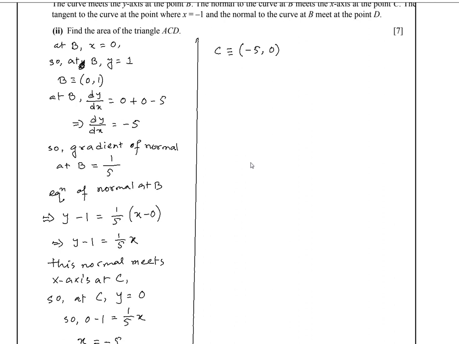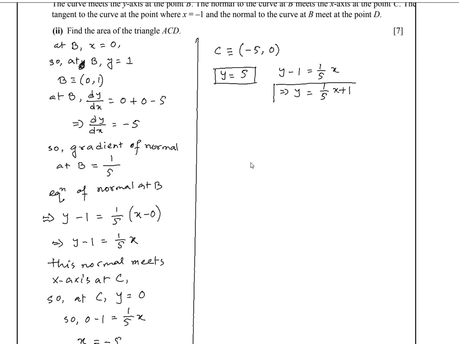Now I have two equations in my hand. The one is the tangent at x equals minus 1, that is y equals 5, and the other line is the normal, with equation y minus 1 equals 1 over 5 times x. So y equals 1 over 5 x plus 1.